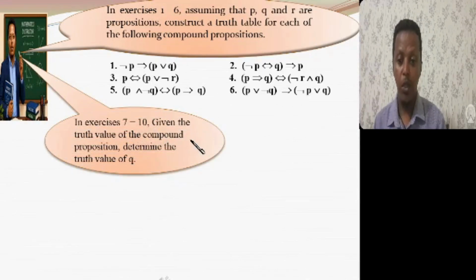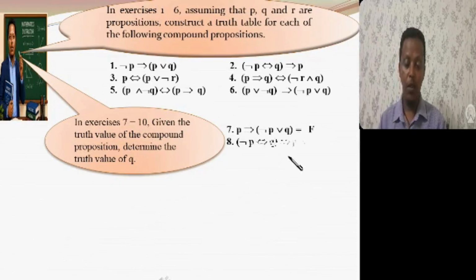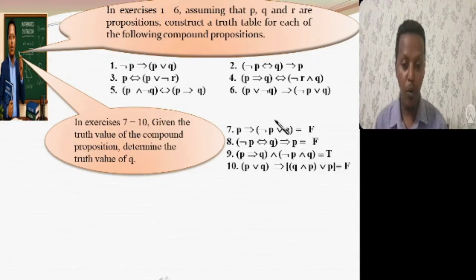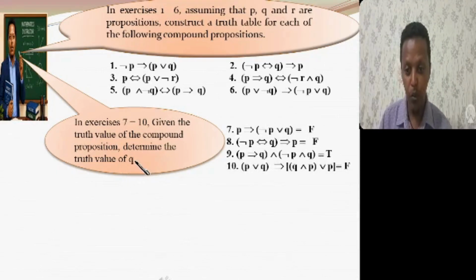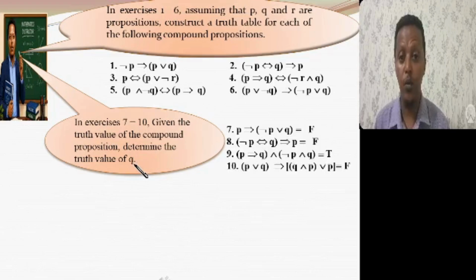Now for 7 up to 10, given the truth value of a compound proposition, you are required to find the truth value of a component proposition Q. You have the truth value of the compound.